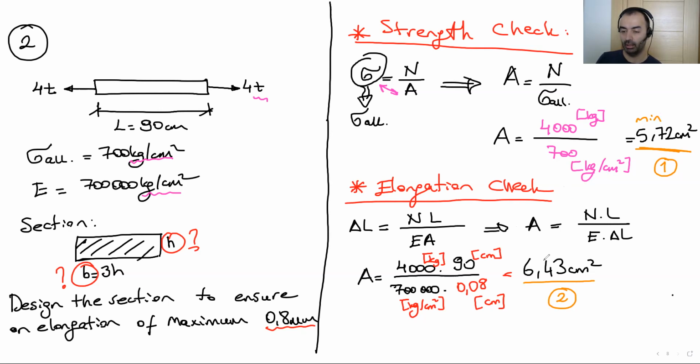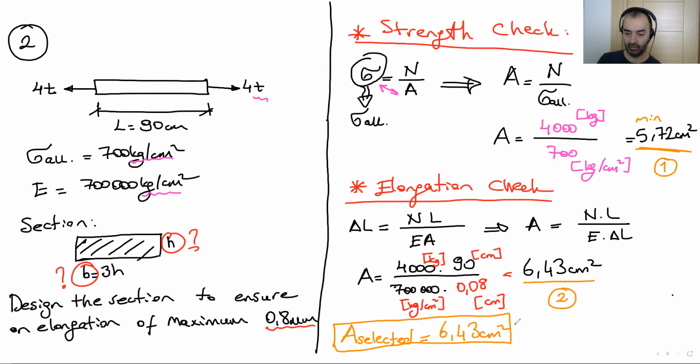So if I put 6.43 instead of 5.7, it works. I know the stress will be less than allowable stress, that's okay. So the selected area is 6.43 square. This is my required area. This area covers both calculations. Okay.